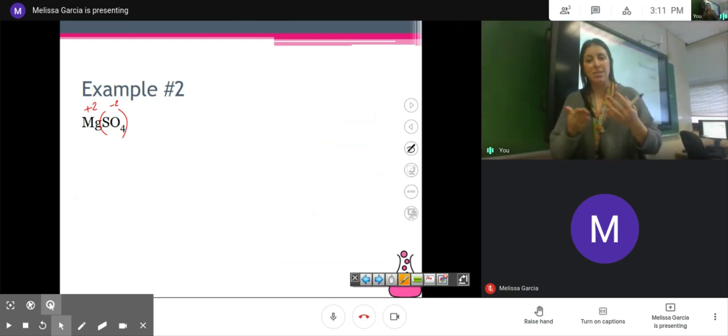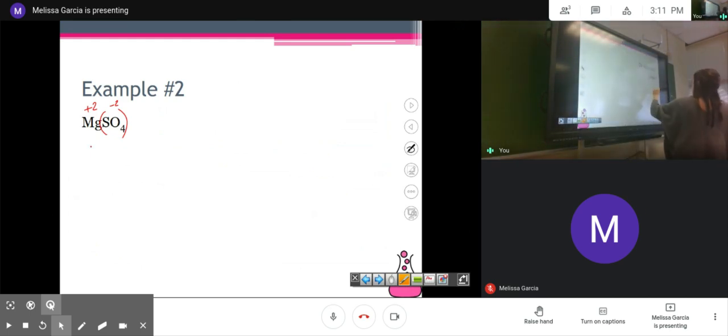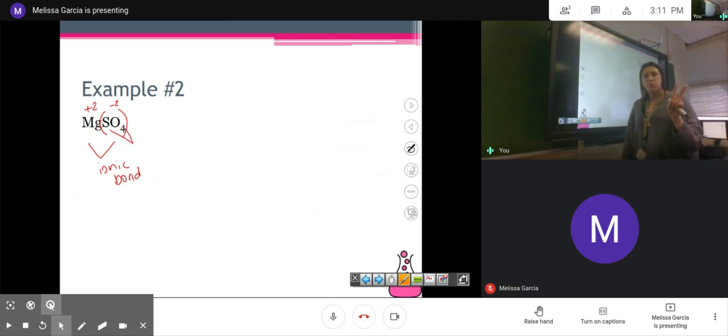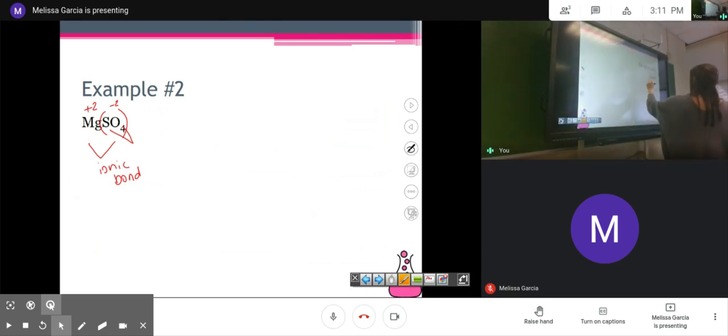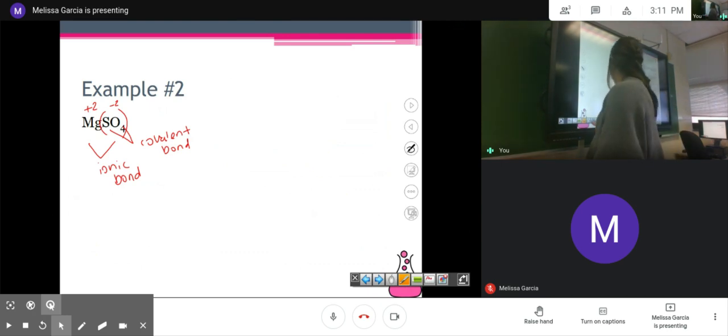So the attraction between magnesium and this sulfate ion, well, that's going to be an ionic bond because it's the attraction between a positive ion and a negative ion. But in the actual SO4, what's holding together the sulfur and the oxygen, well, those are two nonmetals that are going to share electrons. That's going to be a covalent bond. So again, whenever we have compounds that have polyatomic ions in them, we see both ionic bonding and covalent bonding.